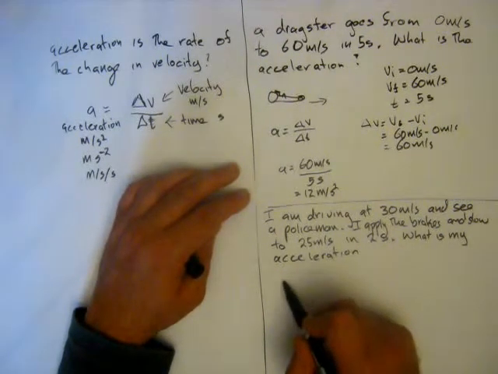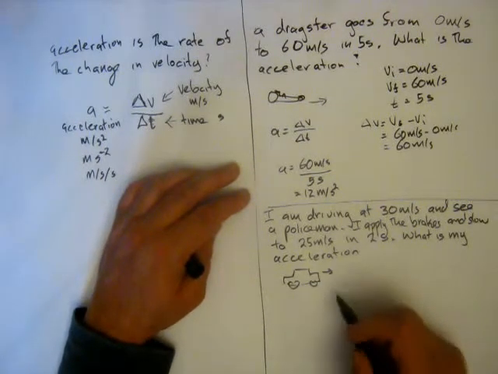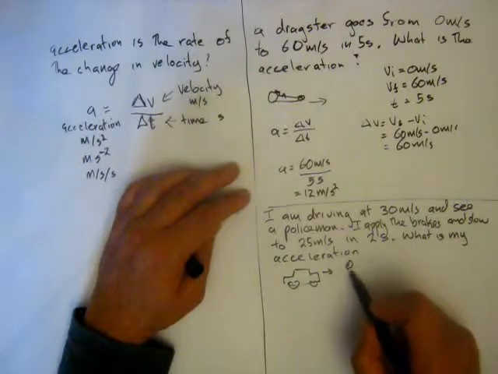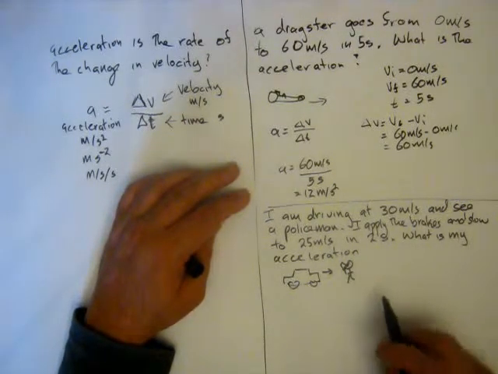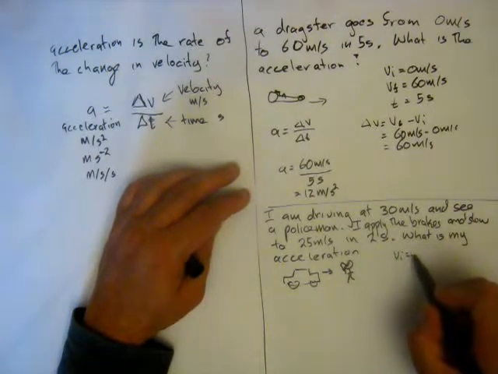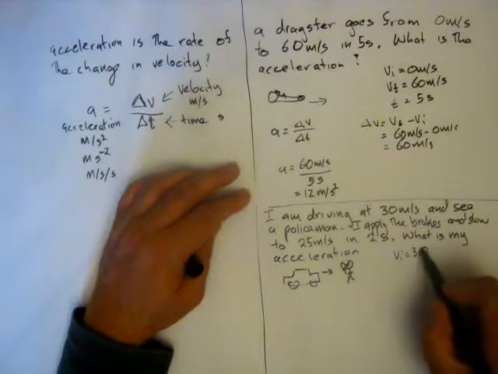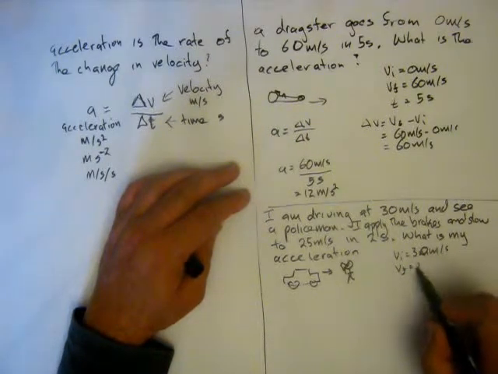Okay, same thing. You draw a picture, me in car, going that way, see a policeman. So I better stop, apply the brakes. So Vi equals 30 meters per second. Vf equals 25 meters per second.